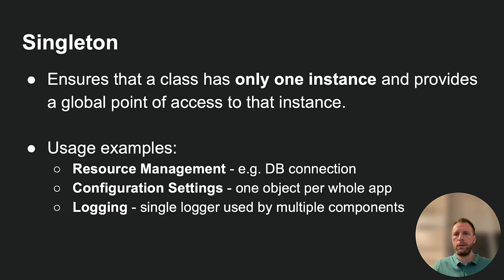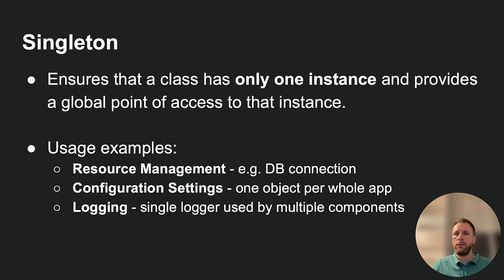Let's start with one of the well-known creational design patterns called singleton. This pattern ensures that a class has only one instance and provides a global point of access to that instance. Singleton can be used, for example, in resource management, such as a database connection, when we need to maintain only one open connection for the database in the whole application.